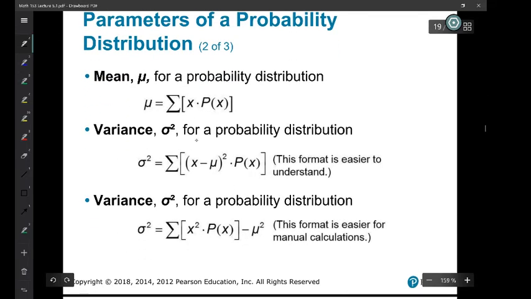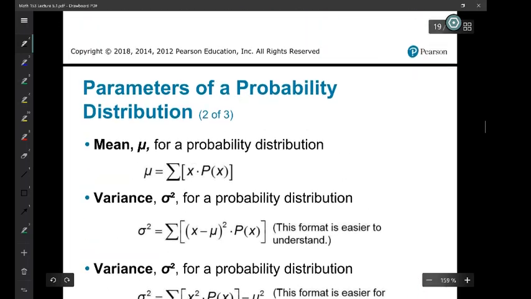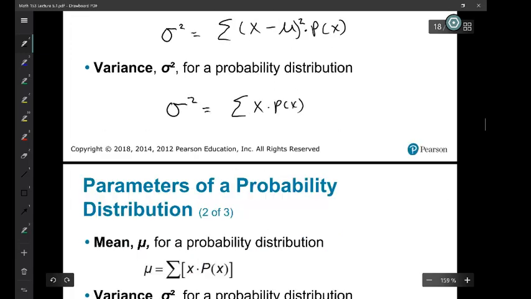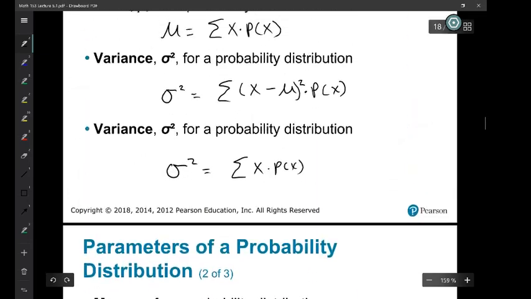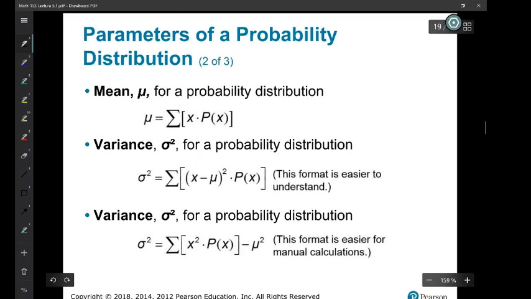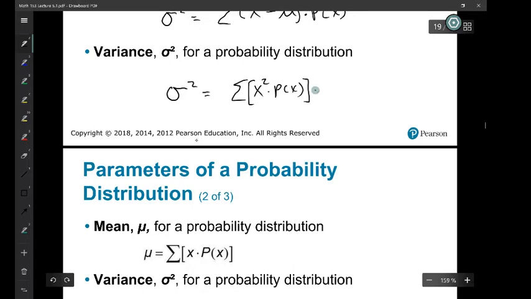And then a handier form for calculations would be to compute each x squared times its respective probability, and then subtract from that the mean squared.